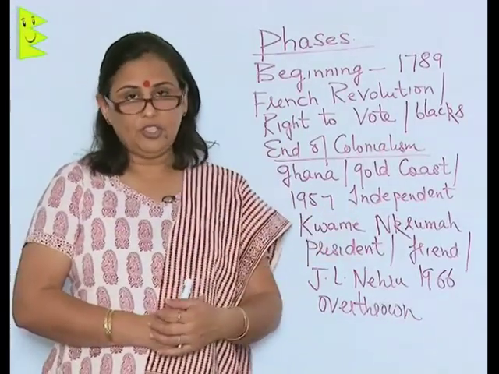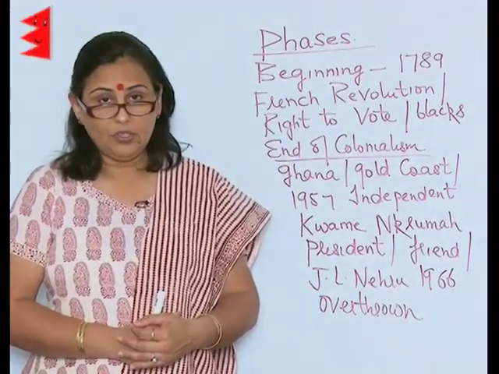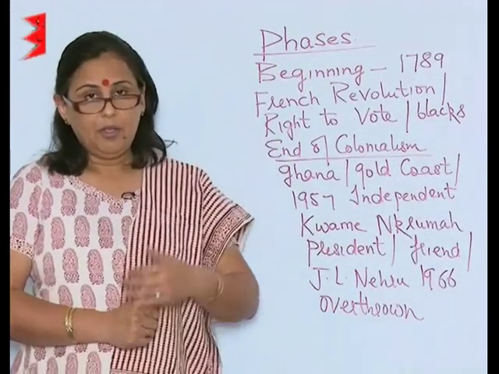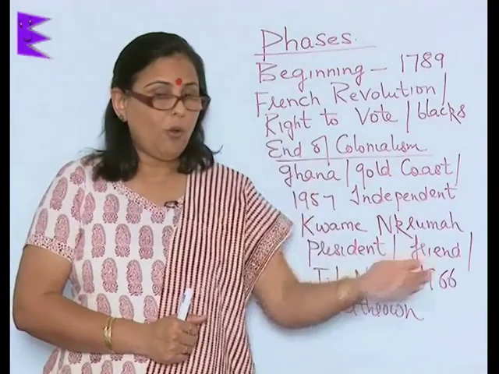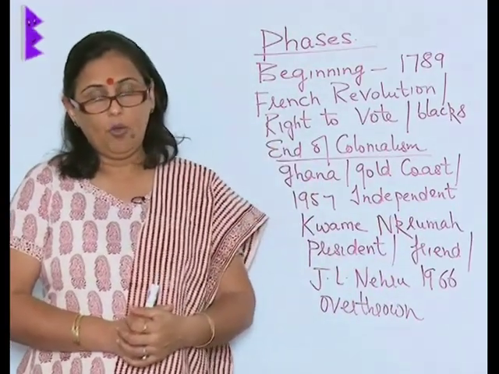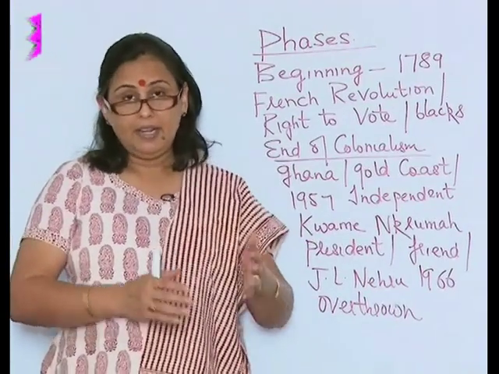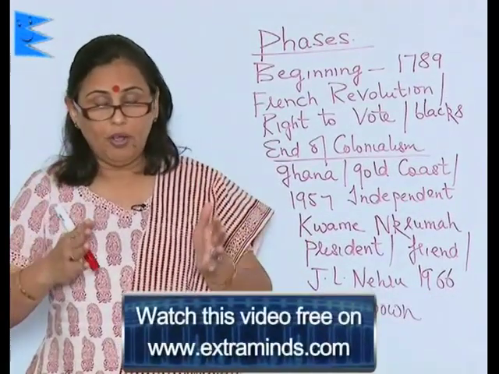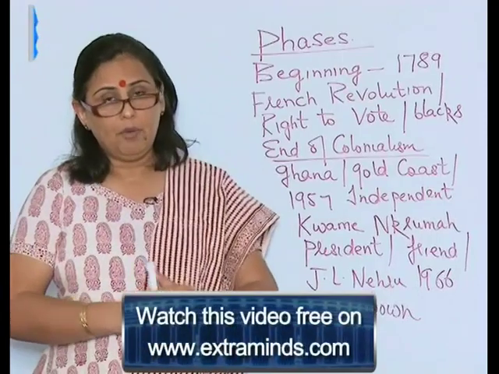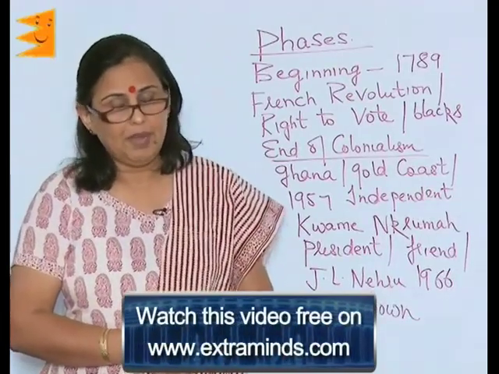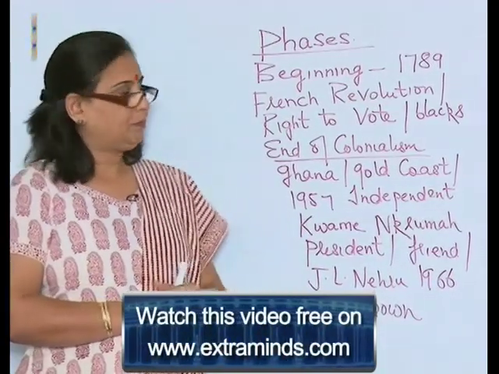Similar was the condition in other countries of Asia and Africa, wherein they slowly started becoming independent of the European masters. This meant that they were restoring popular democracy in their respective countries.